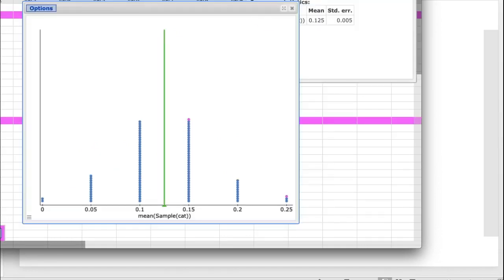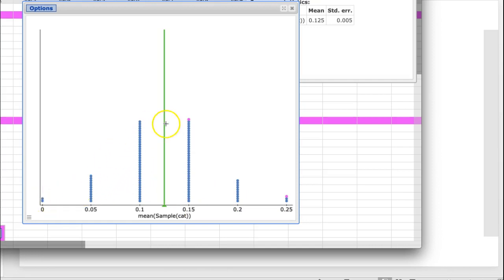Remember what we did: we had a class of 38, 39, and we kept sampling 10 over and over, recording the proportion of cat people.